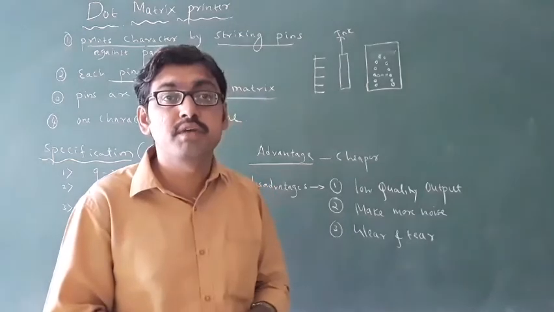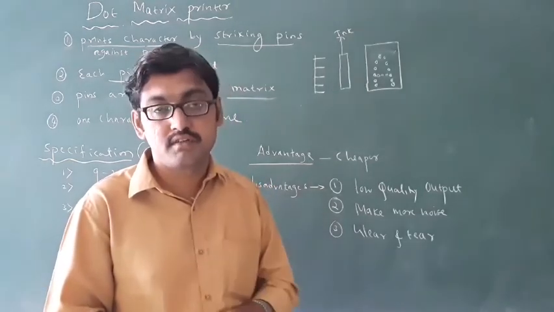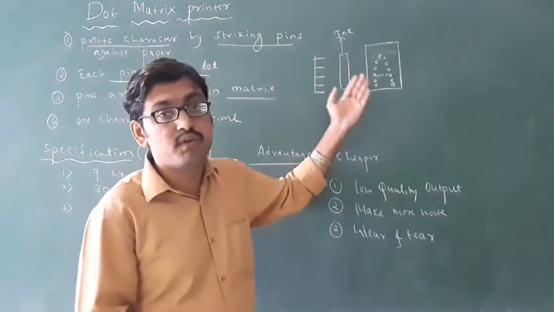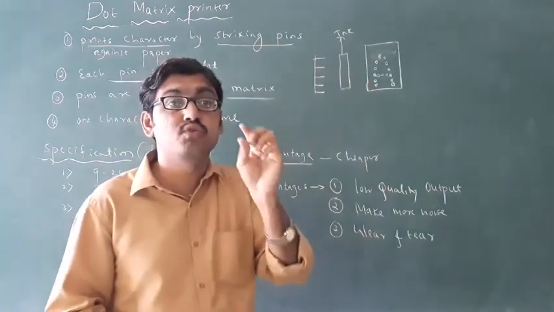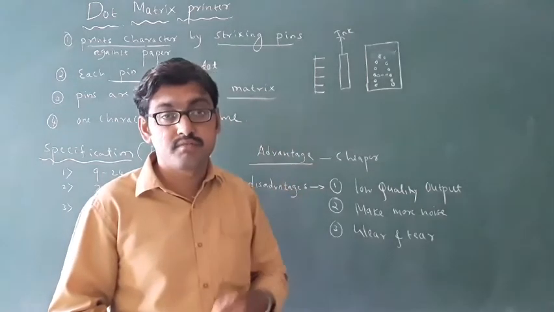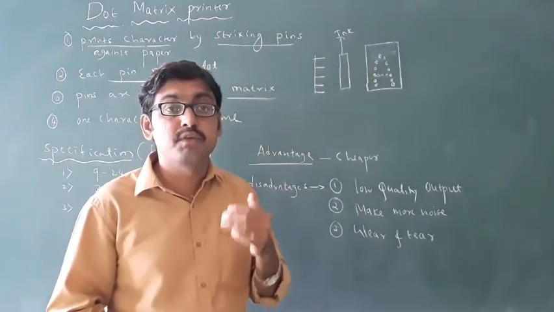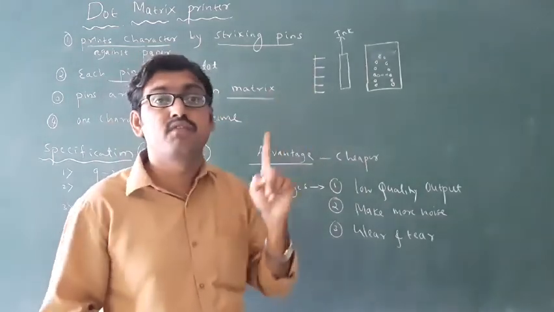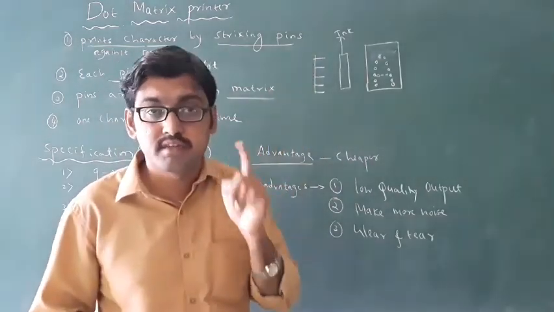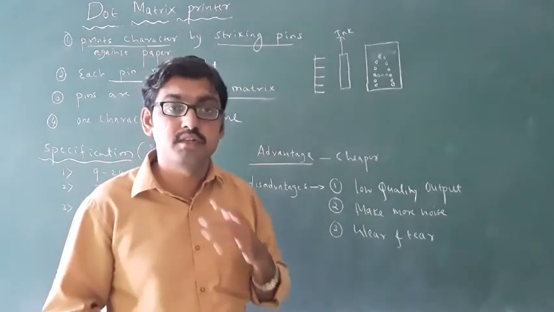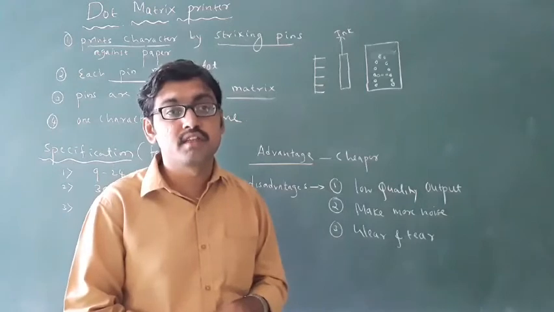That's why its name is dot matrix printer: with the help of pins it produces dots, the combination of dots produces one character, and the pins are arranged in the form of a matrix.